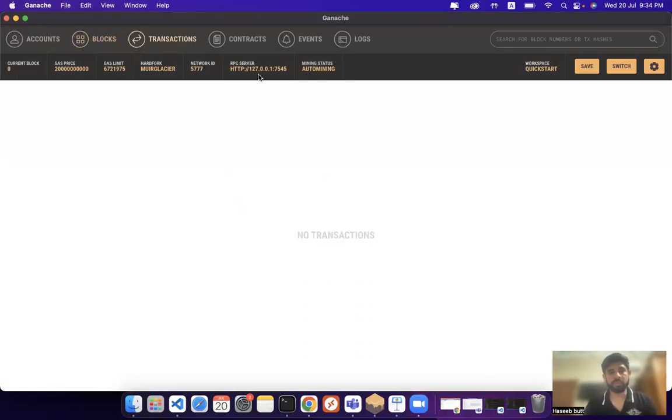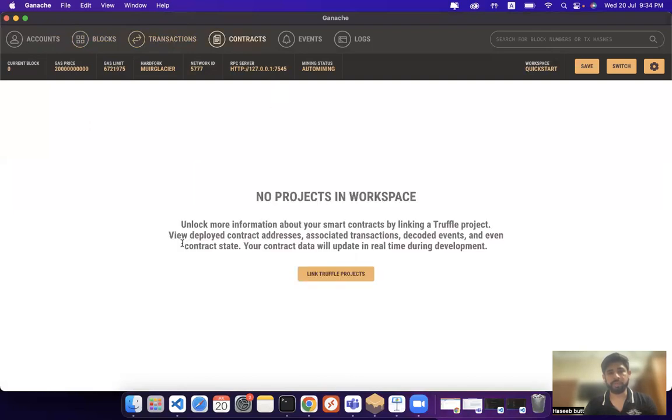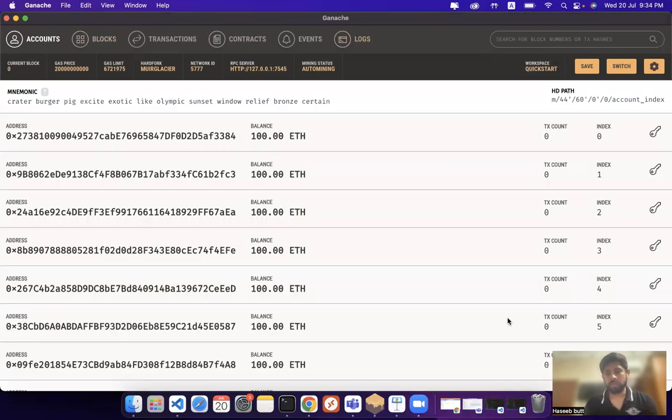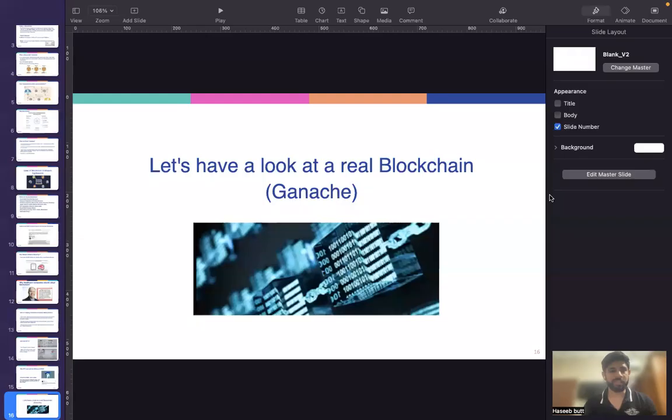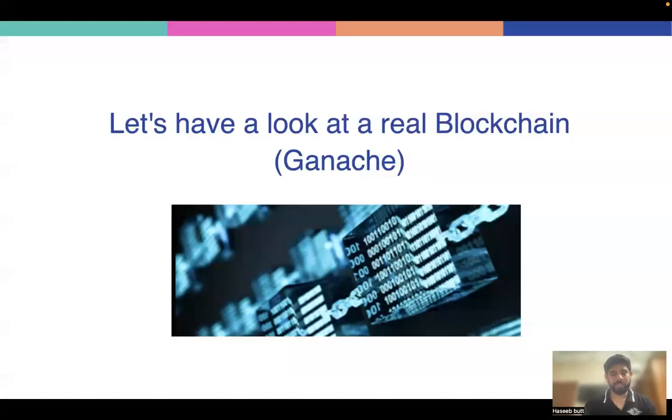So here we can see transaction records, smart contracts that run here, and logs as well. So this is how an actual blockchain looks like.